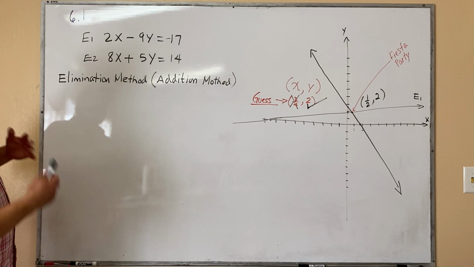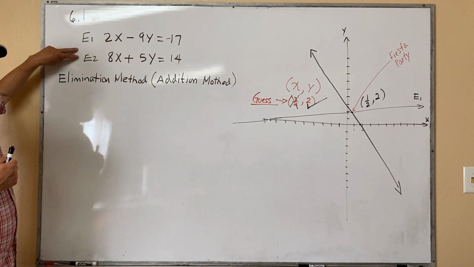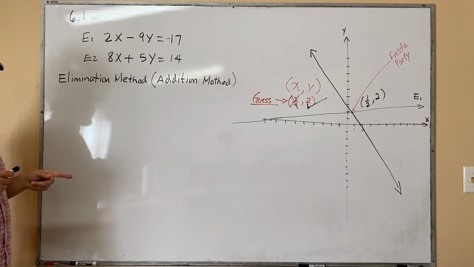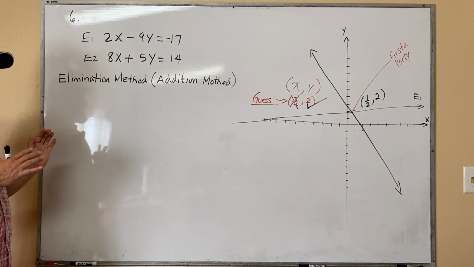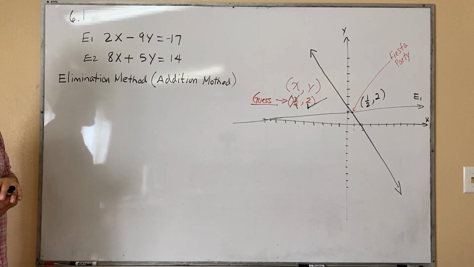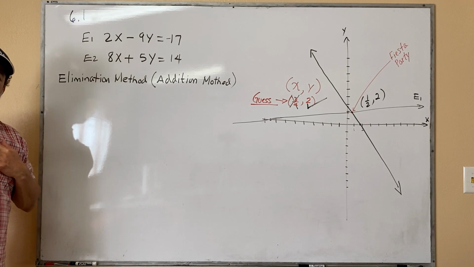Okay, I think that the easiest variable to eliminate here is x. Look at it. Now, the way you're going to eliminate x is by adding both equations. That's why they also call it the addition method. So I pick to eliminate x.